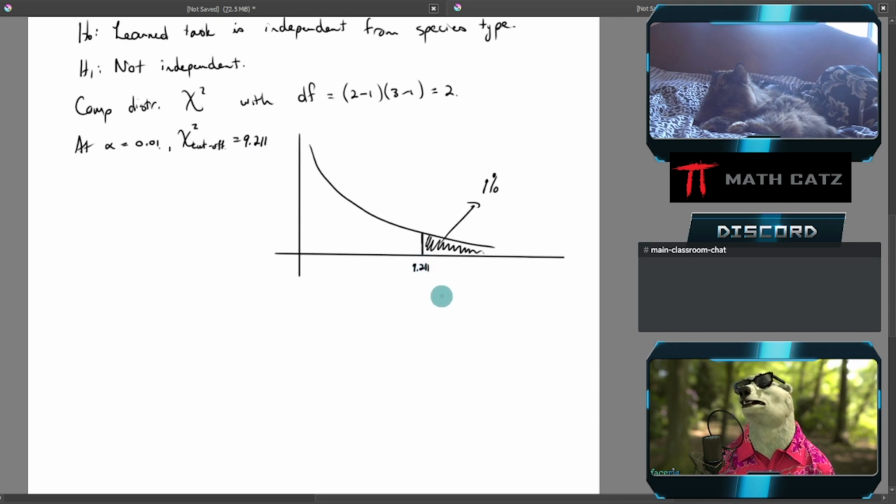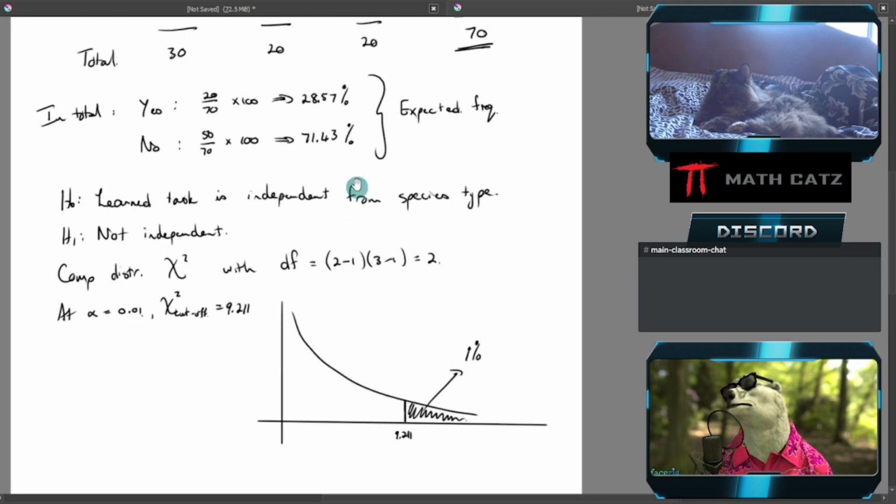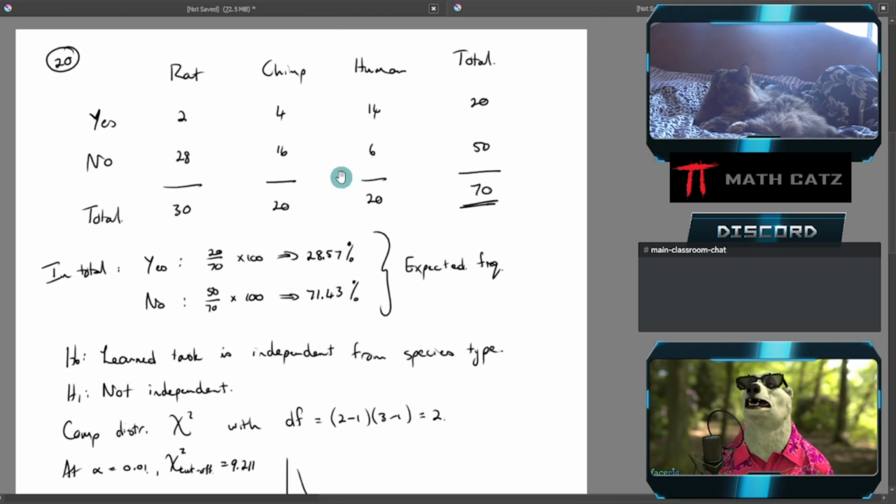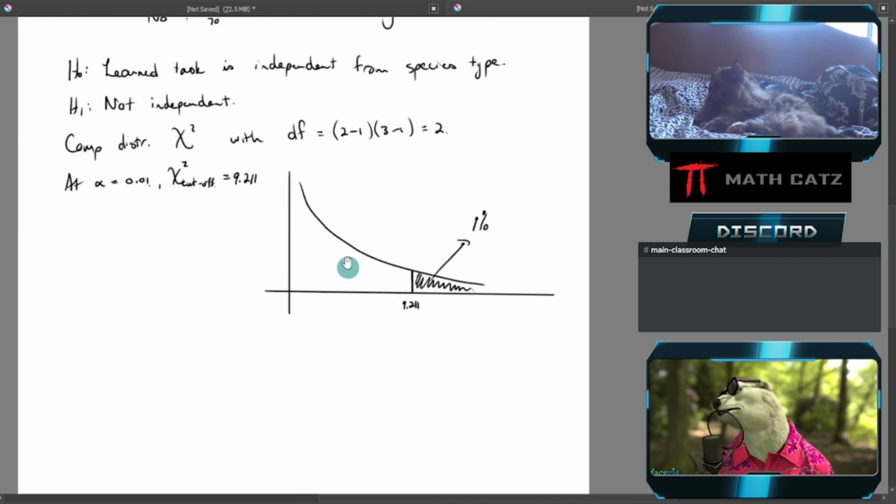So that's 9.211. Now we have a clear cutoff that everyone agrees on. This is a way to defend our conclusions. If from the table of observed scores we get a chi-squared that falls to the left of this, that is going to be interpreted as just common natural fluctuation when I take a sample.